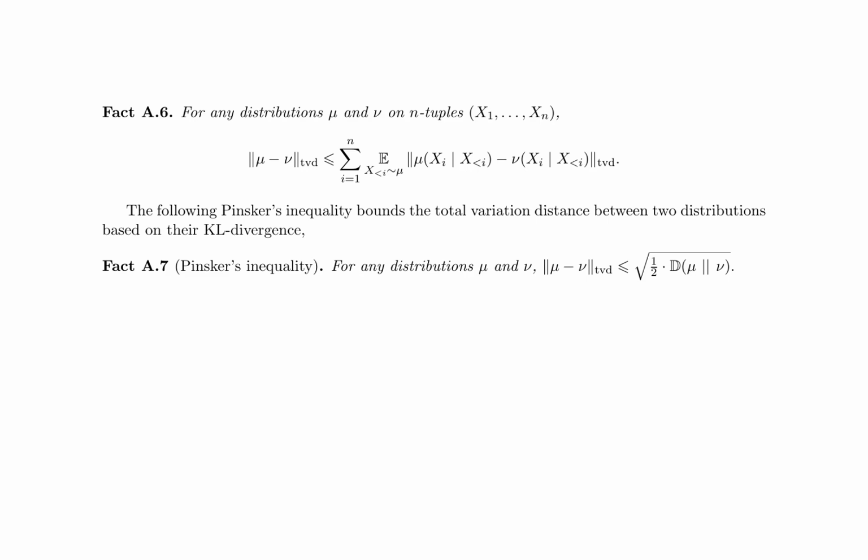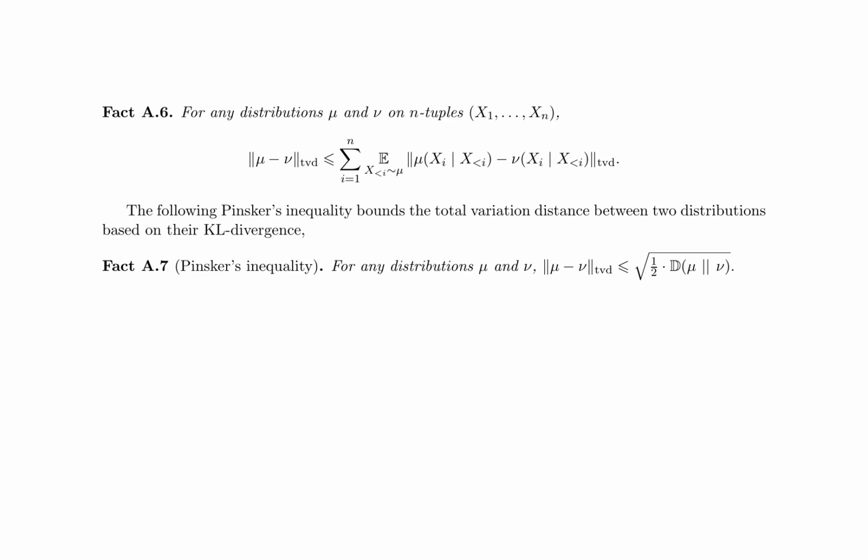Fact A.7, also known as Pinsker's inequality, provides a bound on the total variation distance between two distributions based on their Kullback-Leibler (KL) divergence. This inequality is significant because it establishes a relationship between two different measures of distance between probability distributions, allowing researchers to leverage information about one measure to make inferences about the other.